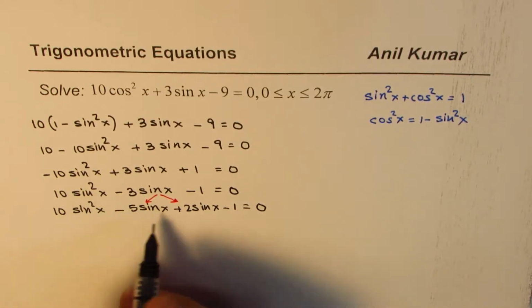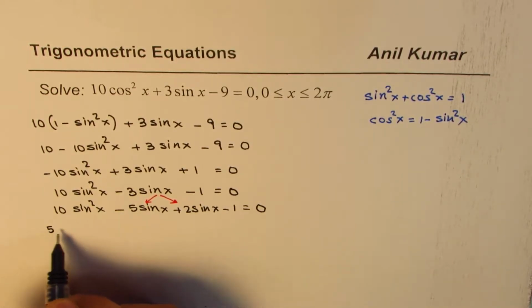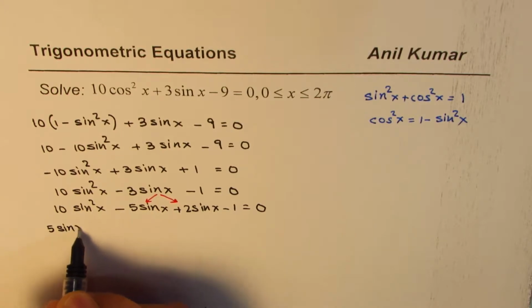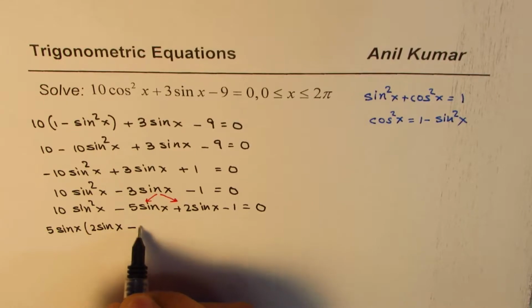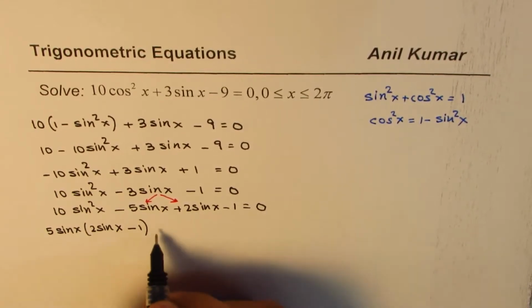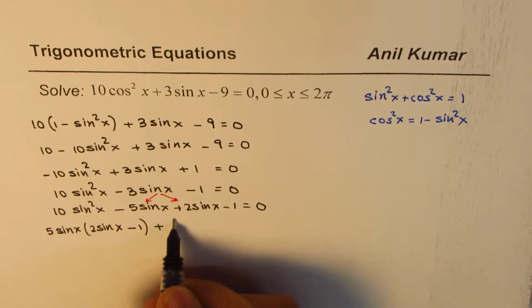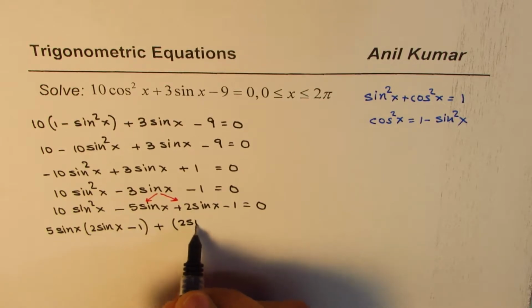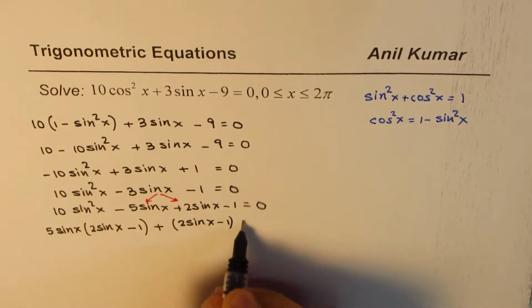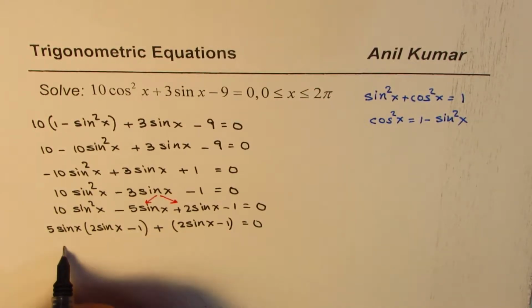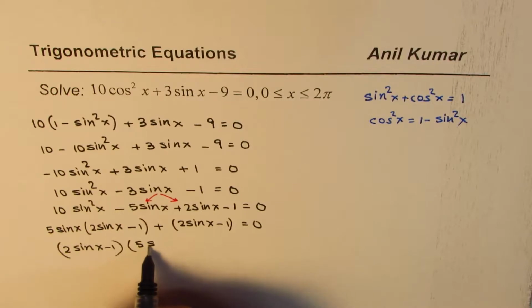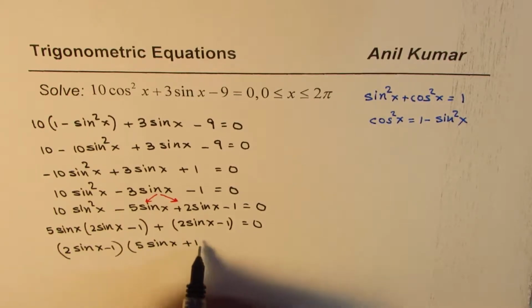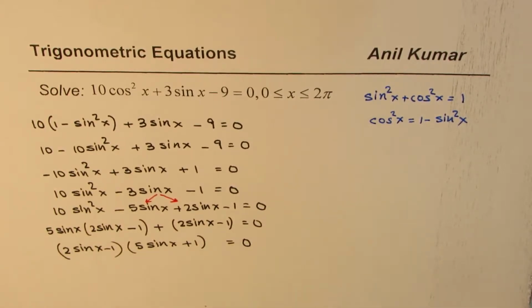Now we can take 5 sine x common from the first two terms. We get 2 sine x minus 1, and here just 1 is common, so we can write this as 2 sine x minus 1 equals 0. Now 2 sine x minus 1 is common, and we get 5 sine x plus 1 equals 0.